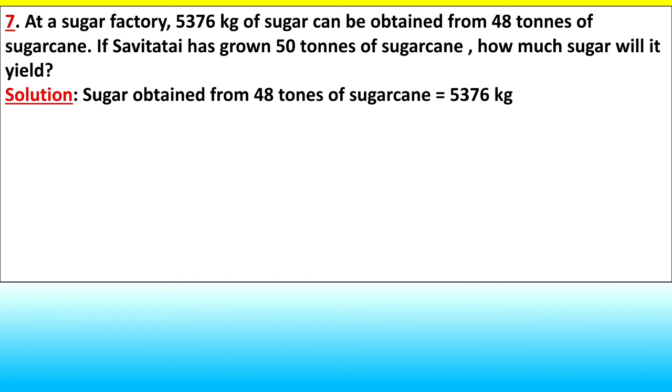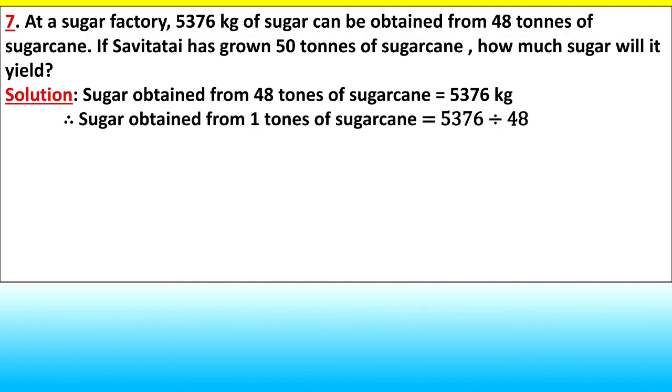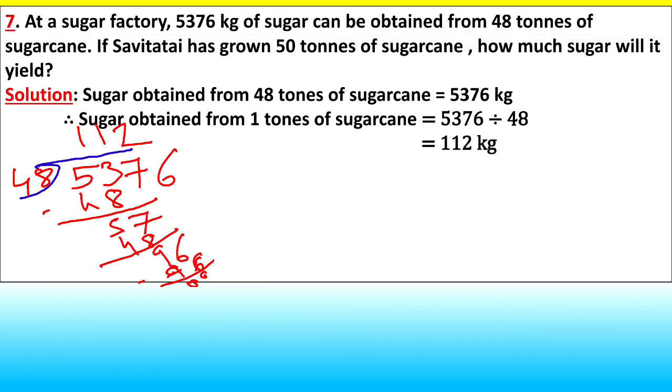It is given. Now we have to find sugar obtained from 1 ton of sugarcane. So what will we do? We will divide 5,376 by 48. So how much do we get?